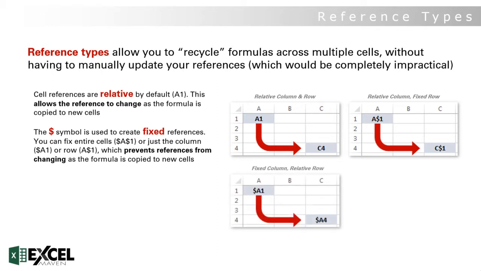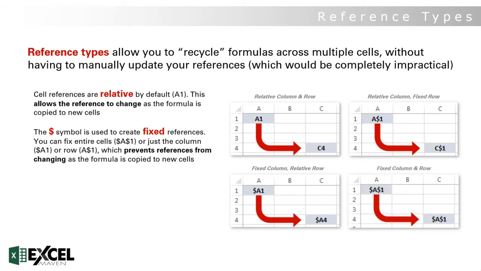Same case with the reverse. If you had the fixed column but the relative row, now our column reference A remains the same, but our row reference shifts from 1 to 4. And then finally, if we have a fully fixed column and row, no matter where that formula were to move, we would always be referencing back to cell A1 no matter what.